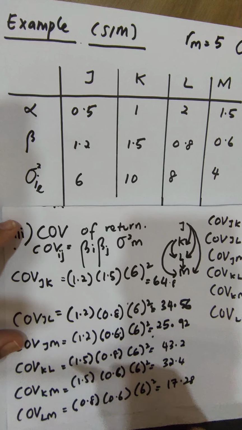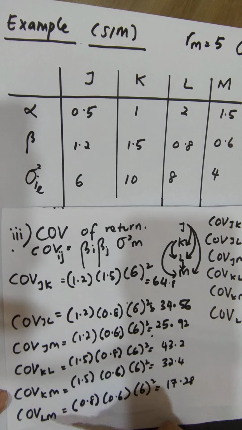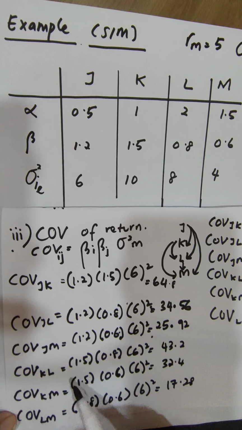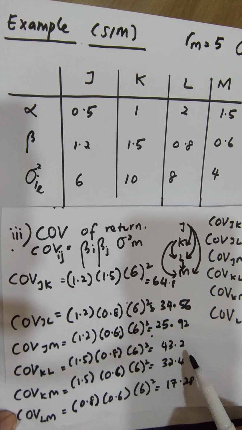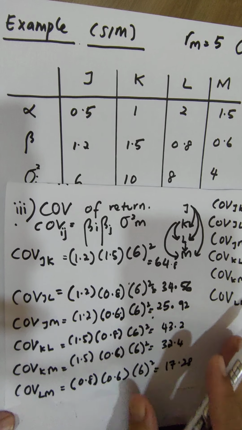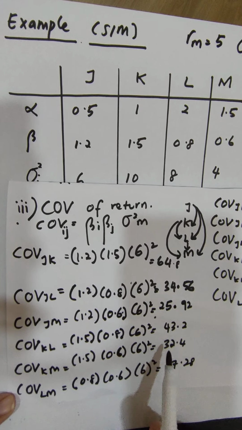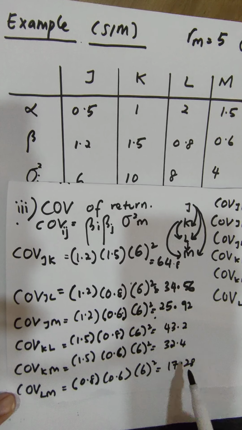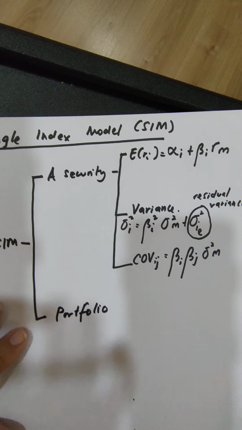Once you proceed with the rest of the covariances, you may get all these answers. For covariance KL, you get 43.2. Covariance for KM, you get 32.4. And last but not least, covariance for LM, you might get 17.28.